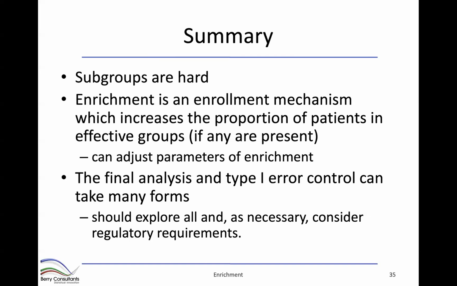Enrichment will allow you to increase the sample size and actually detect those, much easier than an equivalent non-enriched design. The final analysis in an enrichment trial is a user choice and something you ought to explore. We explored separate analyses, but I emphasized you could also pool under certain conditions or use a hierarchical model.